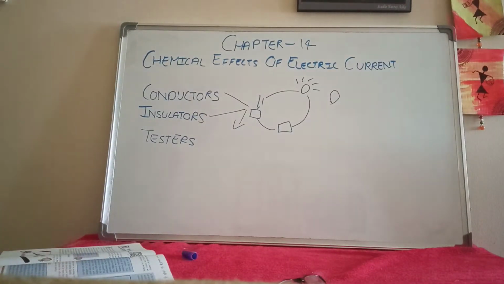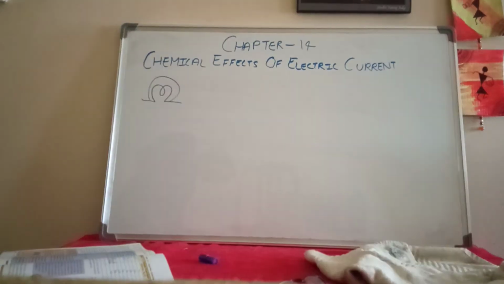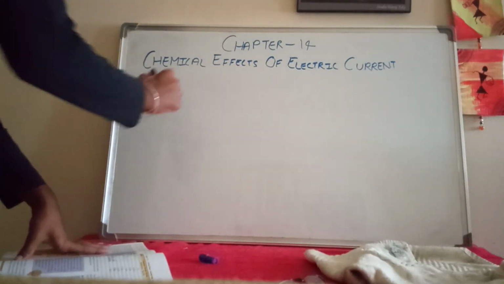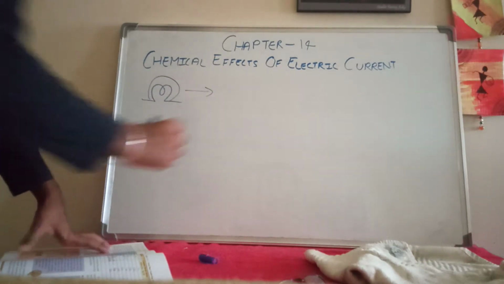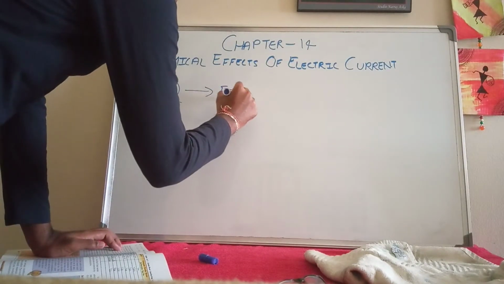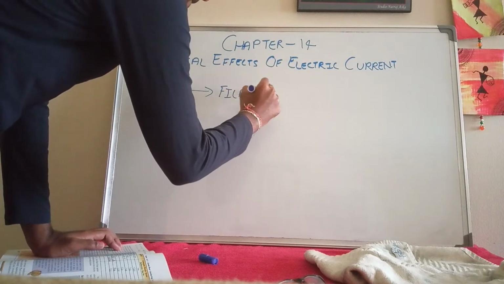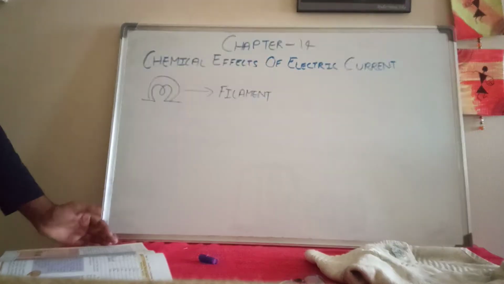Now let's move forward and see what the uses of LED are. So first we recap the heating effect. We know that a bulb has a filament in it, and because of this filament the bulb glows.